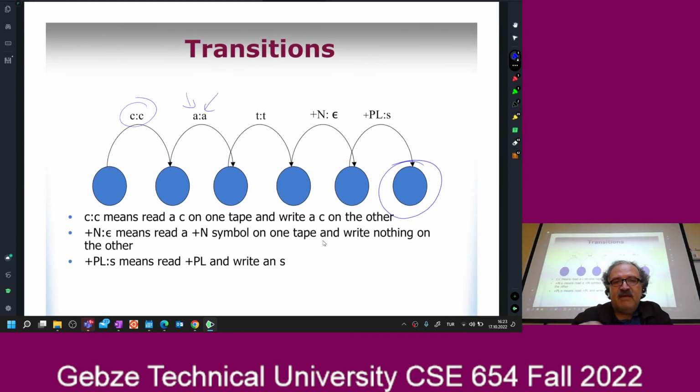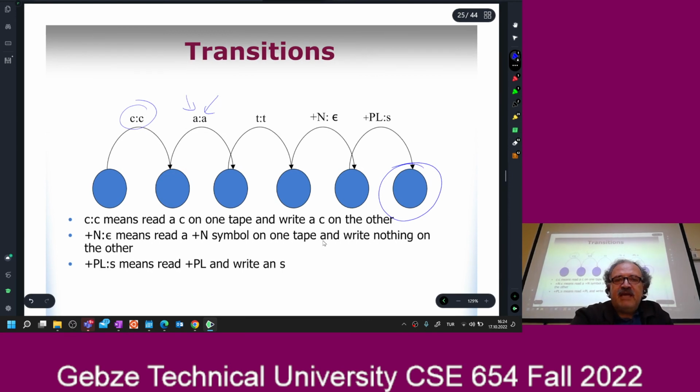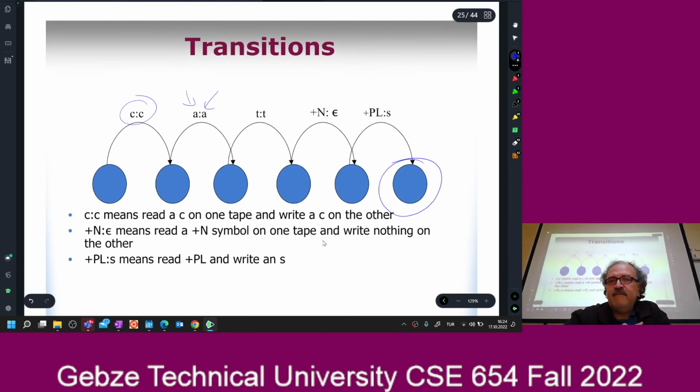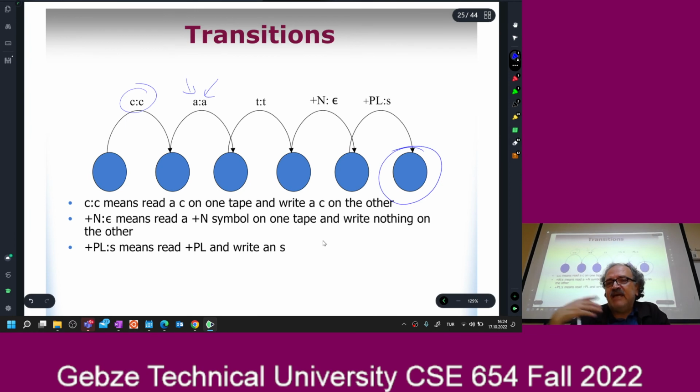Okay. By the way, this is how we represent a finite state transducer. I read a C and output a C. I read an A and output an A. I read a T and I output a T. Okay. Then I output a plus N. I recognize that I read a noun with an epsilon transition without reading anything.